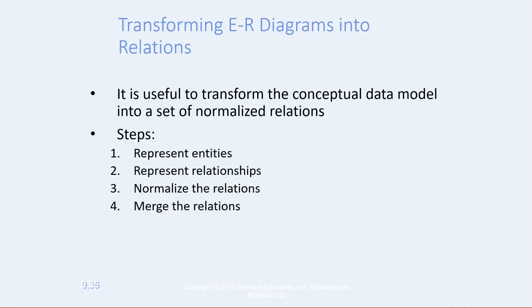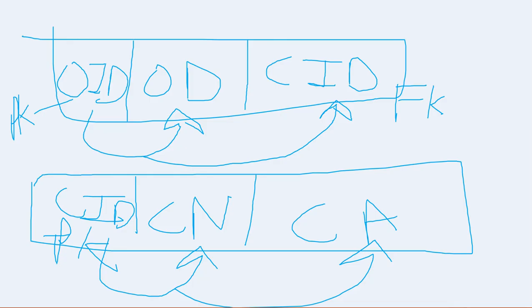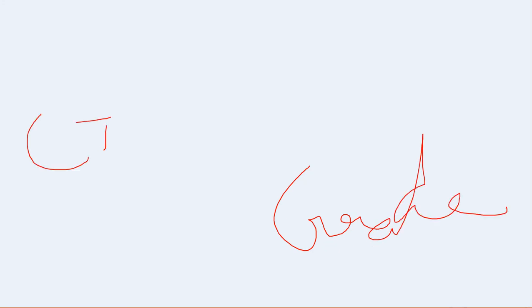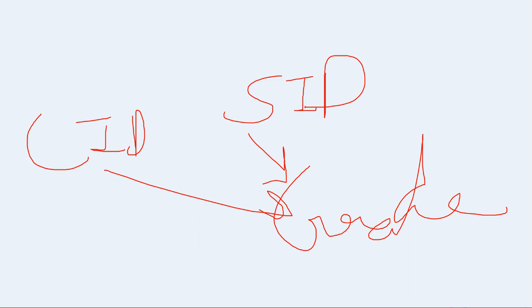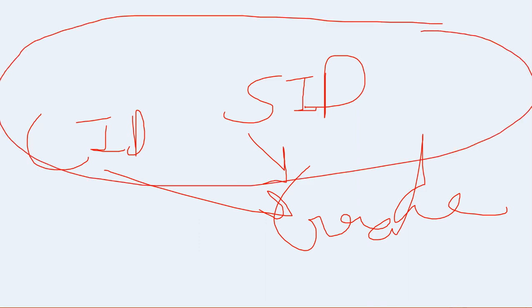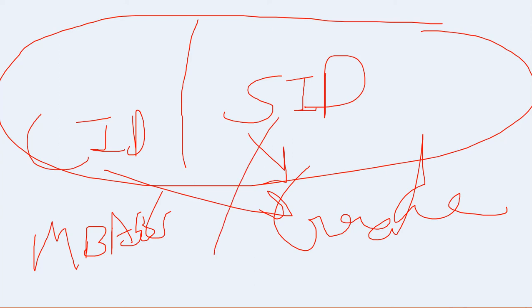Going back, I'm going to quickly go back to something, and let's see if I have it. I do not. So this is a perfect example of, again, your grade. Your grade is determined by course ID and student ID. They both together make a unique combination, like MBA 535, and let's say student ID 0056.